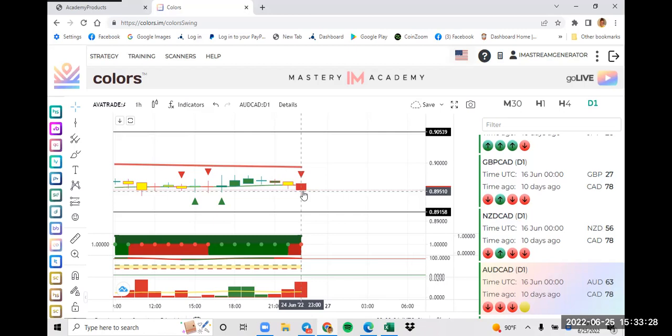A Heikin-Ashi candle is a momentum candle. It shows the momentum of this candle. I personally would wait, because I didn't catch this candle in the beginning. Had I caught it before it started, I'd have took it. But because I didn't, I would wait to see how this candle closes.